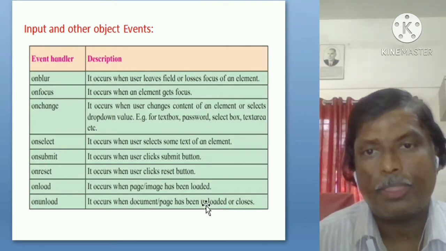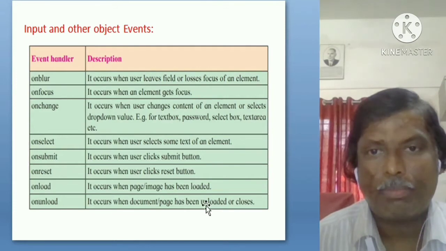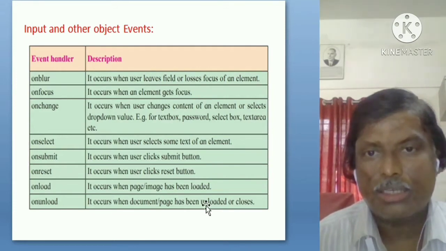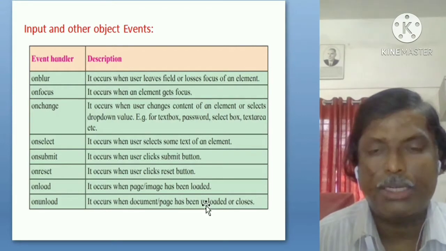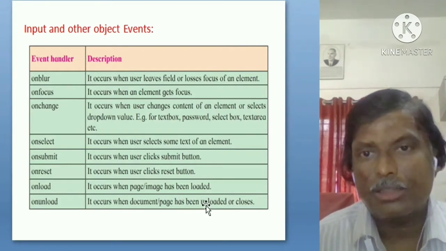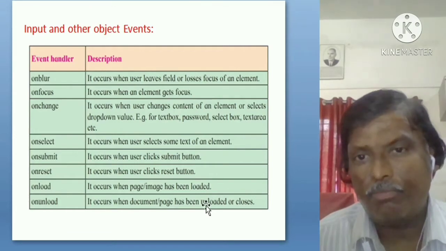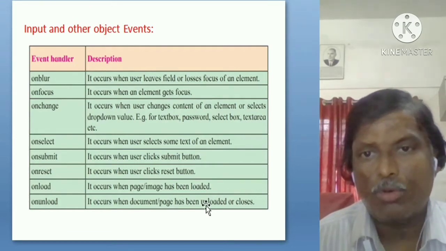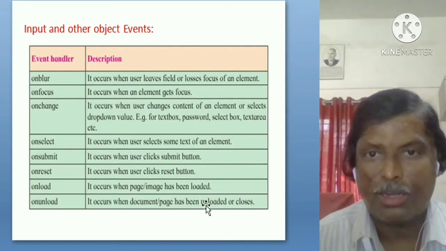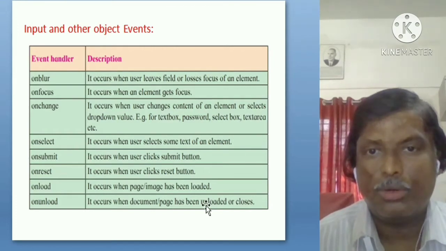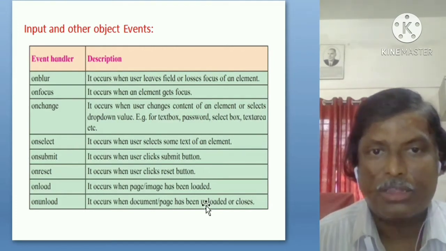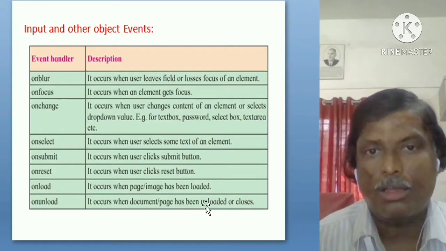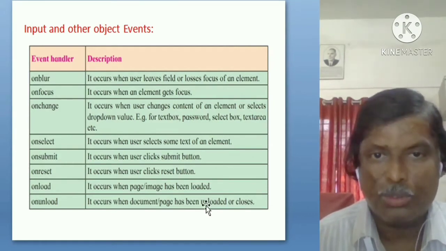Suppose when you filled information into the form and you know that the information filled by the user is wrong in a certain field, that wrongly filled information we want to change and we have to fill the correct information into that field. For that purpose this onReset event handler is useful.